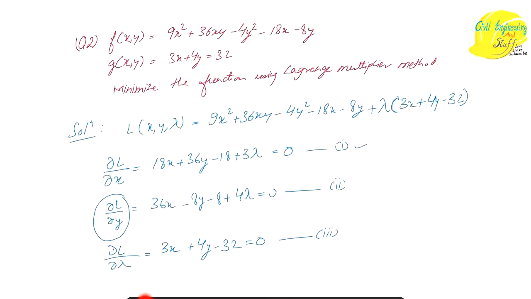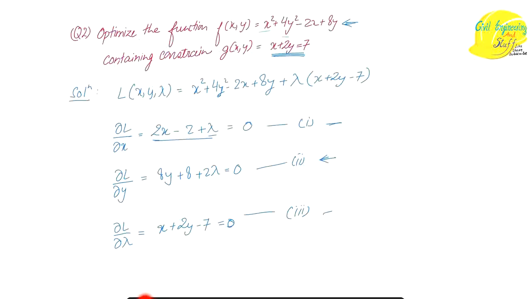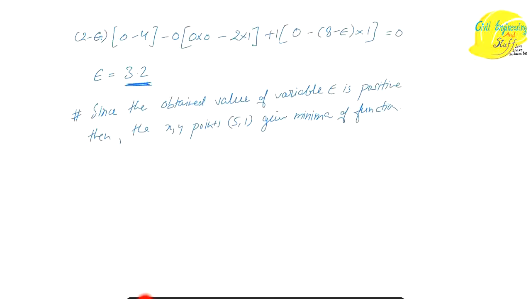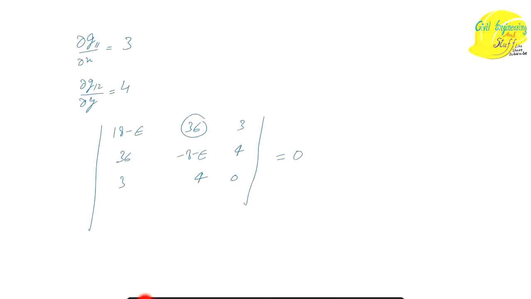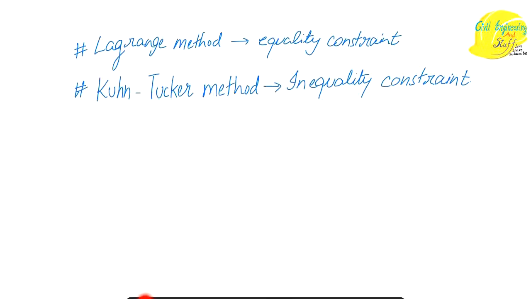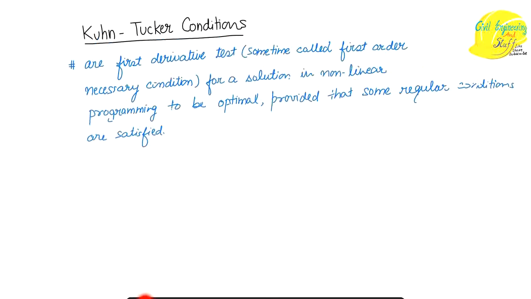So when we have equality as our constraint, we use Lagrange's method for optimization of the multivariable function. If the nature of the constraint is inequality, then we use Kuhn-Tucker's method.